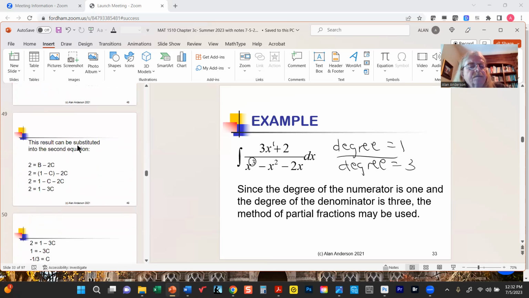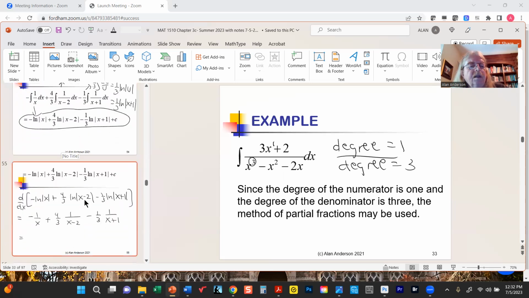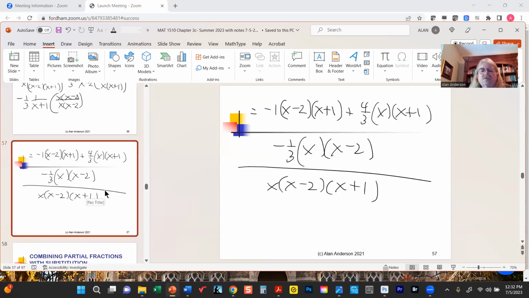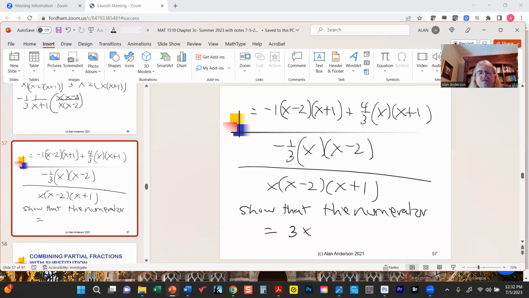So what that means here is that what we really need to do to make sure this works correctly is prove that the numerator is equal to 3x plus 2. You can see that the denominator is correct.